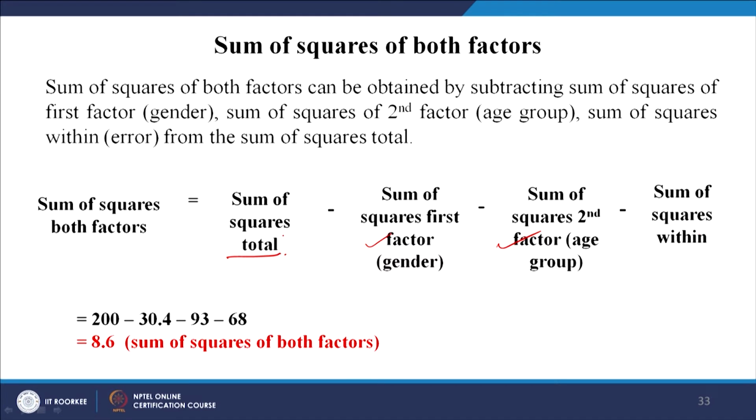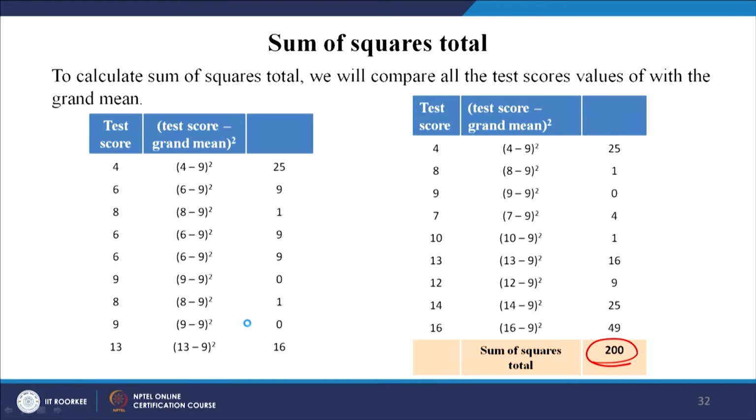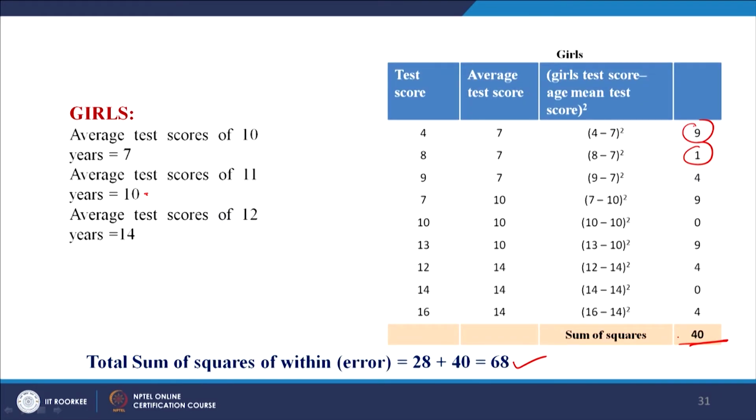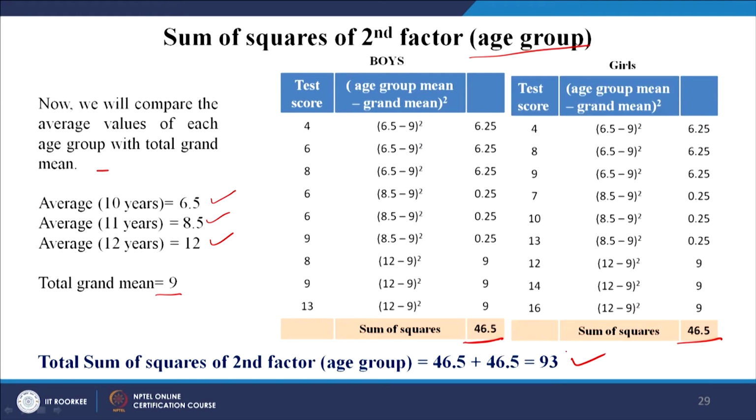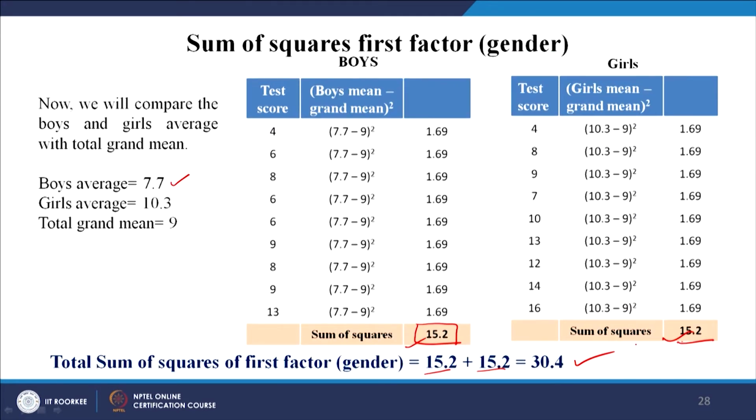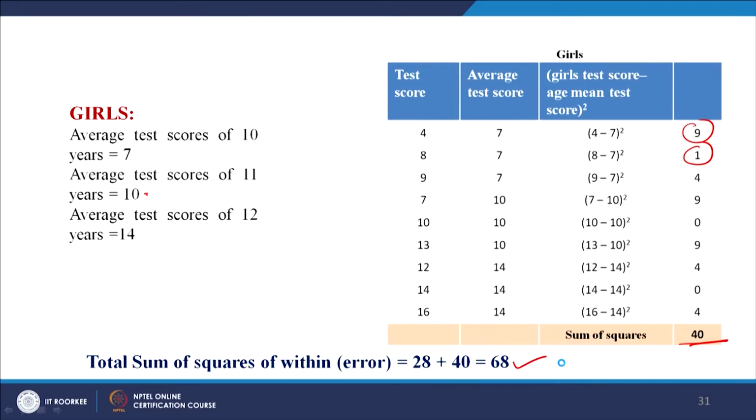So, interaction is equal to total minus the rest. That is equal to 200 minus 40, minus this 93, and this 30.4, let us see.